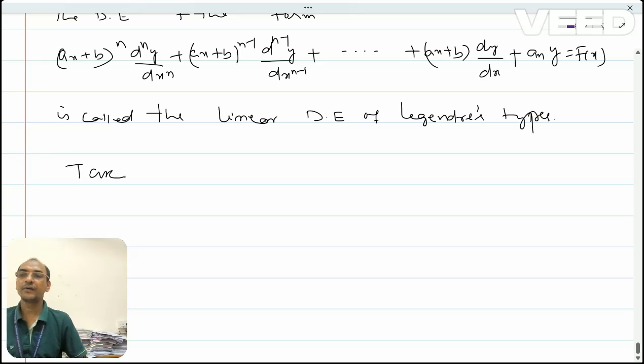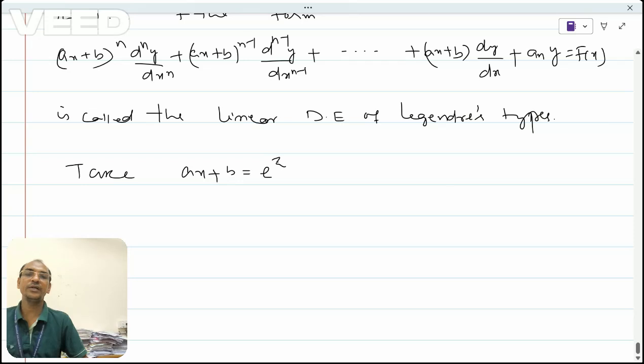Take ax plus b equal to e to the power z. Before, you used to take x equal to e to the power z, but in this case we will take ax plus b equal to e to the power z, and that gives z equal to log of ax plus b.